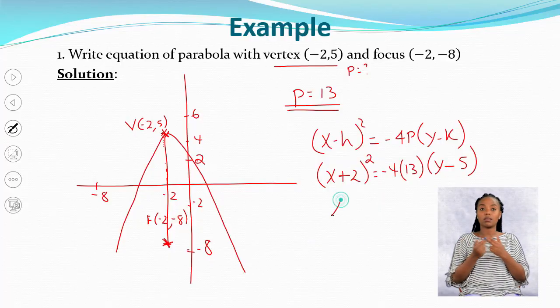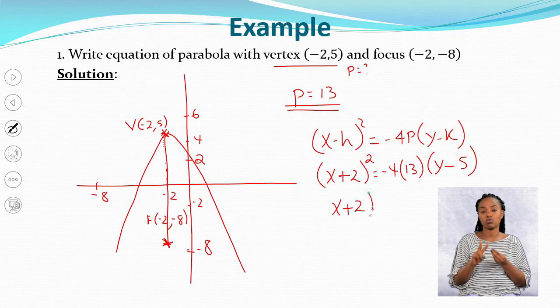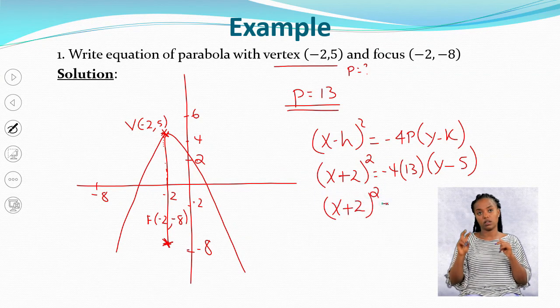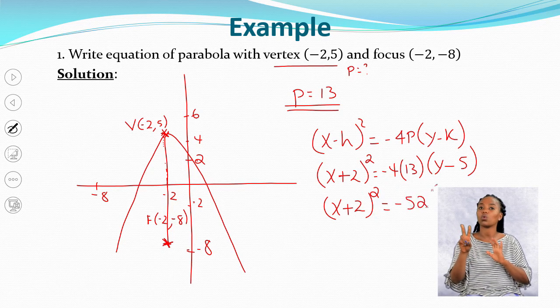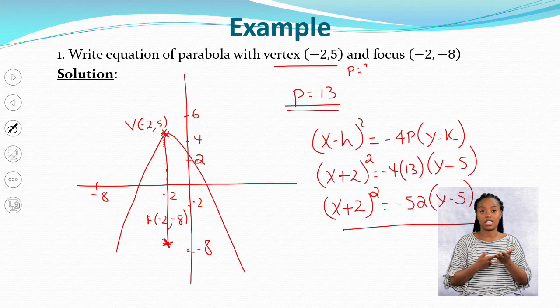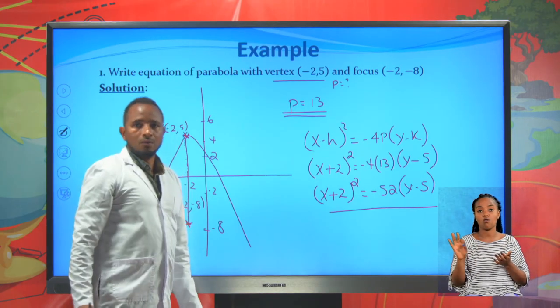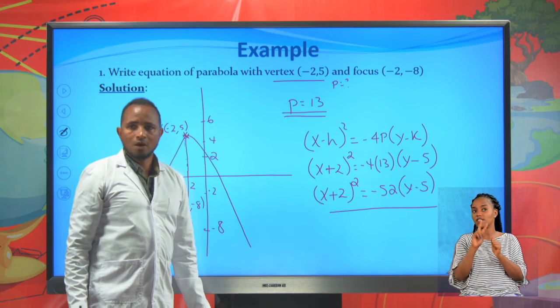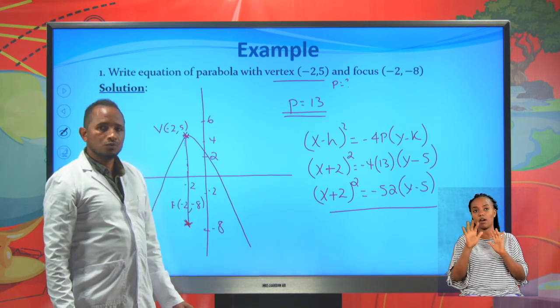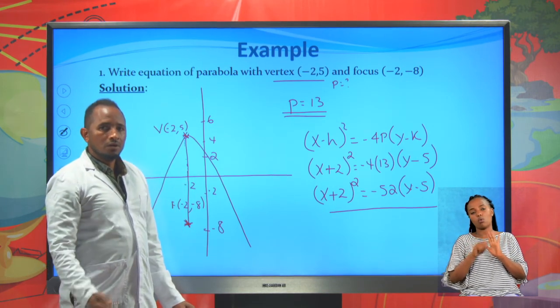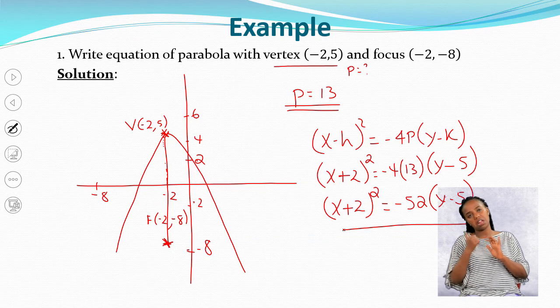Multiplying this, x plus 2 the whole squared is equal to negative 52 times y minus 5. So this is the equation of the parabola with vertex negative 2, 5 and focus negative 2, 8. Now let's proceed to the next example.